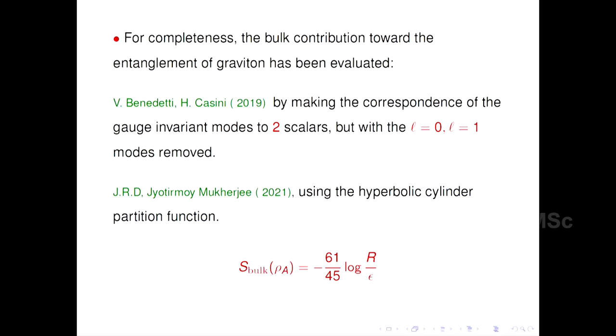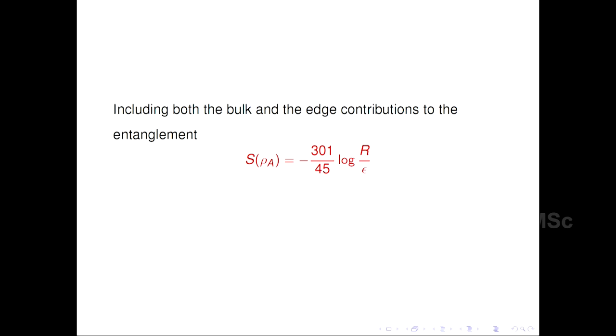For completeness, let me present the bulk part of the entanglement entropy. It was initially done by these authors, and later on, I think we did it using a different method, and we both agree. Together, they become this. But for this particular case, there is no understanding whether this is an Euler type anomaly or not.